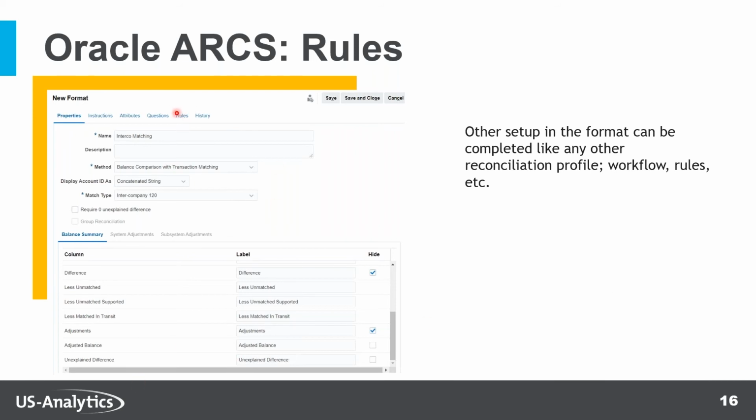When you're setting up your profiles, you can set up your methodology. If you've got transaction matching included, you would pick a methodology that includes transaction matching. So you can set these up with or without the transaction matching. Transaction matching is more effective for accounts with high volumes of transactions, where you want a leg up on your reconciliation, have it started for you, and have most of the work done for you.